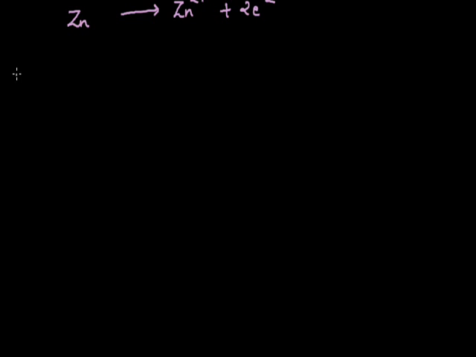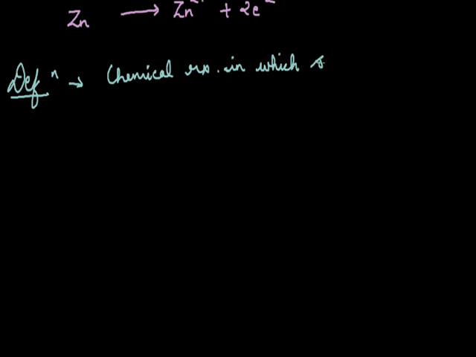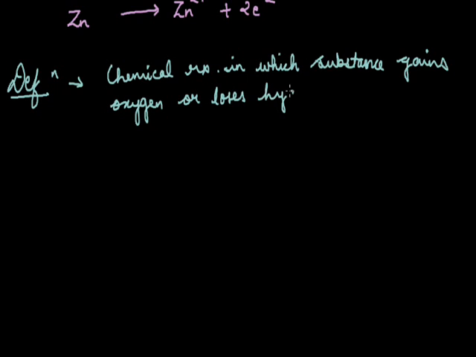We can define oxidation to be a chemical reaction in which a substance gains oxygen or loses hydrogen, or loses electrons in terms of the electronic theory.